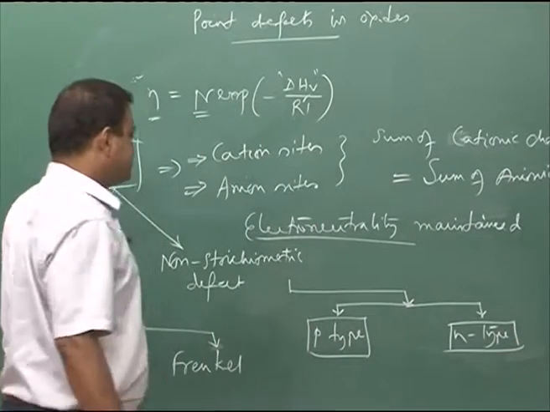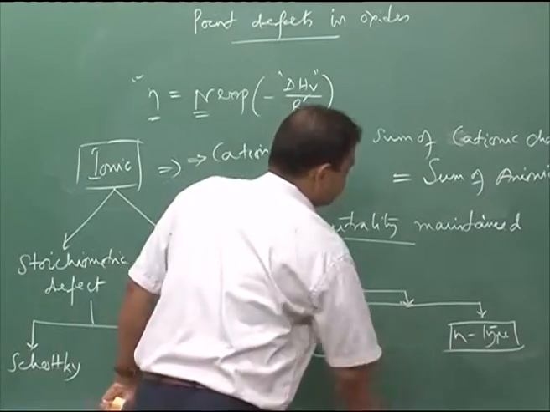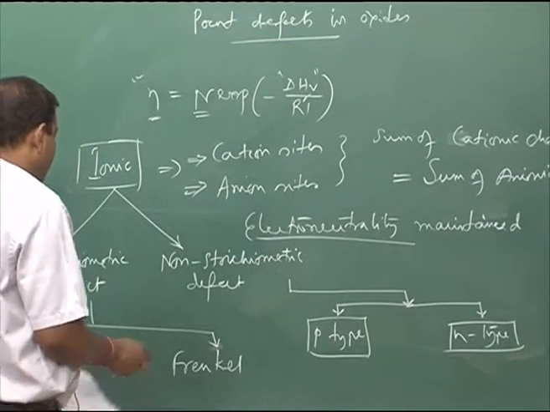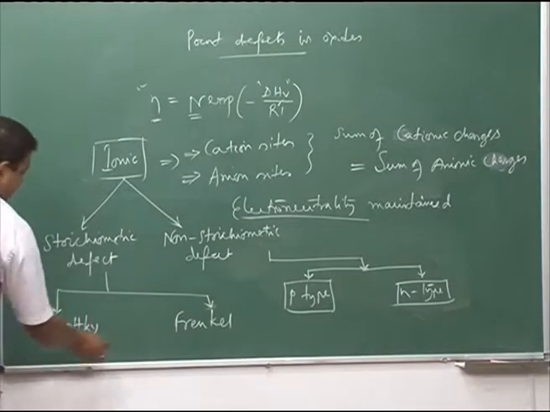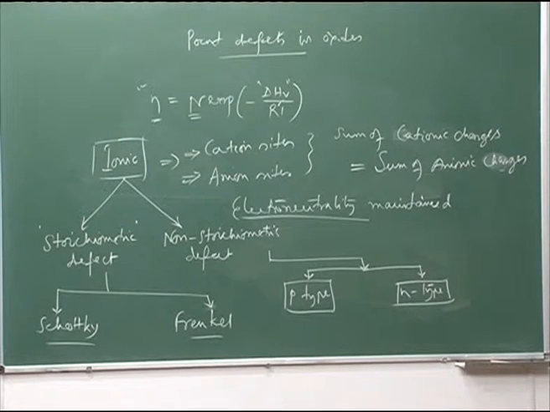In P type the charge carrier is the hole, and in N type the charge carrier is electron. So, now let us see what Schottky and Frenkel are, and also what stoichiometric defect is.